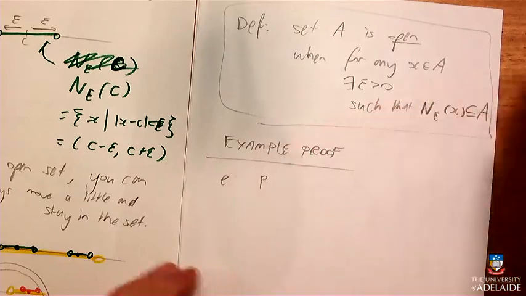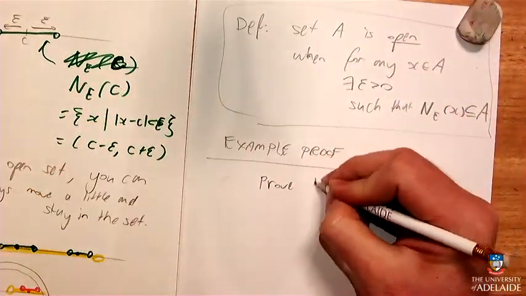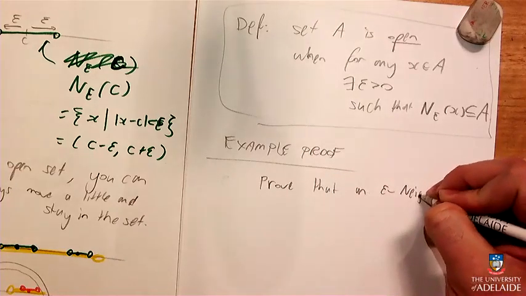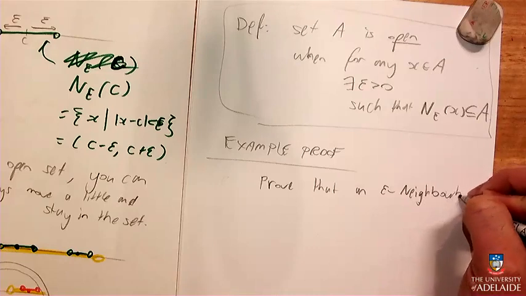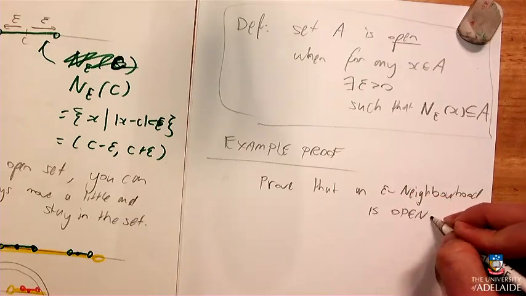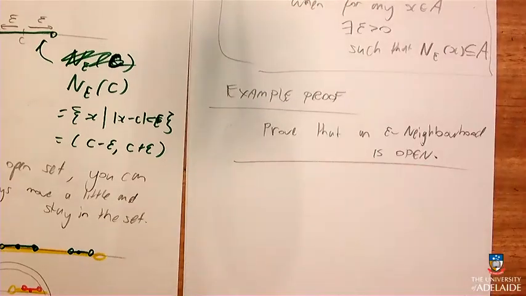So here we go. Prove that an epsilon neighbourhood is open. Okay. Let's go.